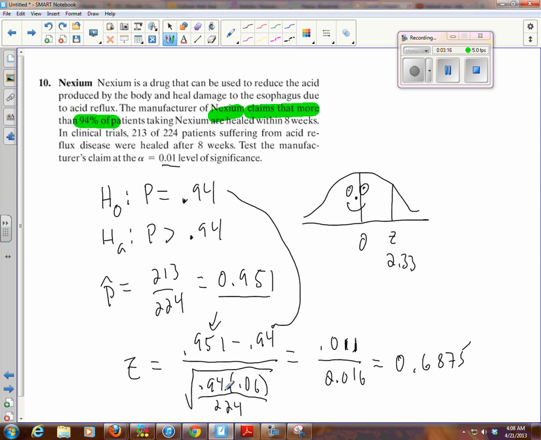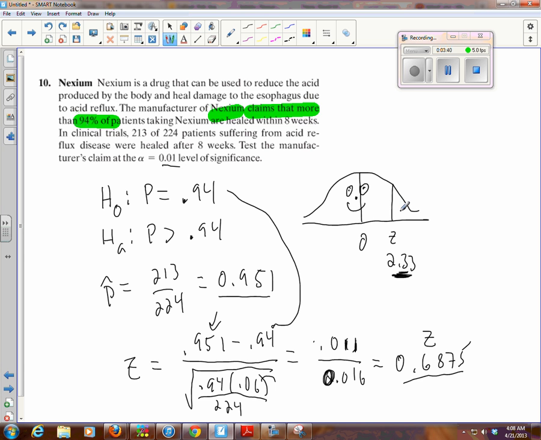So I went 0.94 times 1 minus 0.94, and I got the 0.06, over the sample size of 224. I found the difference for the top. I calculated this on the bottom. That's supposed to be a 0.016. I divide it.